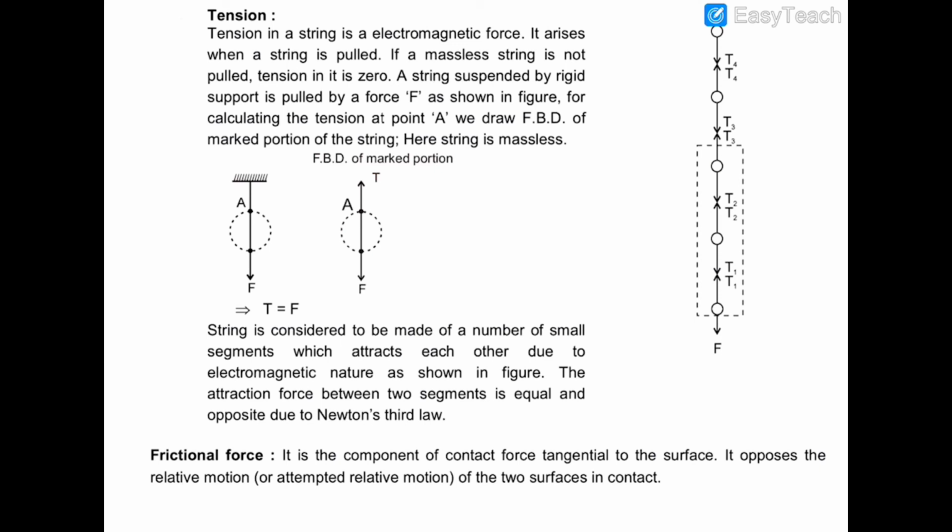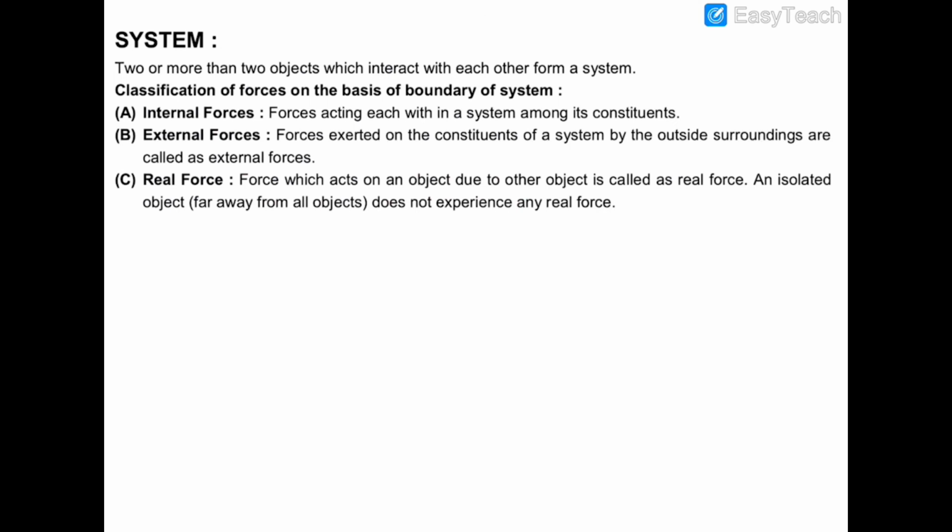I've already stated that the net contact force has two components. One is perpendicular to the contact surfaces, and the other is parallel to the contact surfaces. The perpendicular component is called the normal reaction, and the parallel component is called friction.